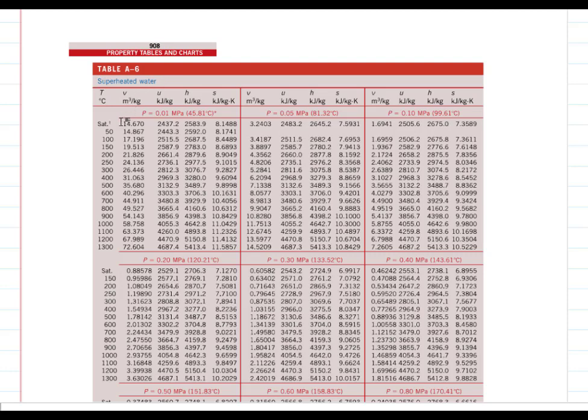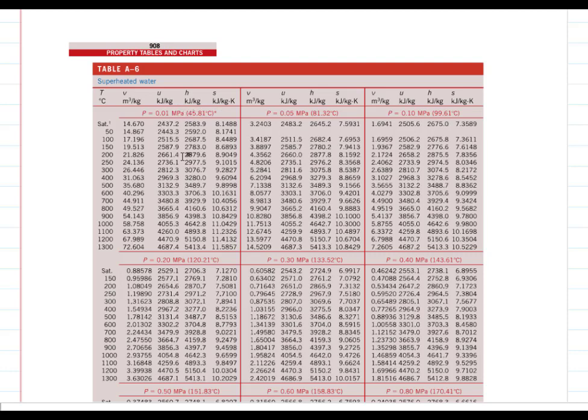Okay, so let's see what we have in this table. Here we have temperature. These properties, V, U, H, S, as specific volume, internal energy, enthalpy, and entropy of the water at different temperatures are present. But if you notice, we also have these properties at different pressures.